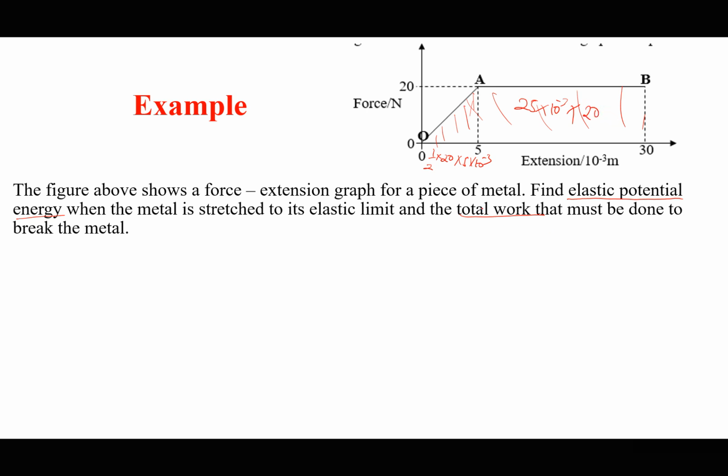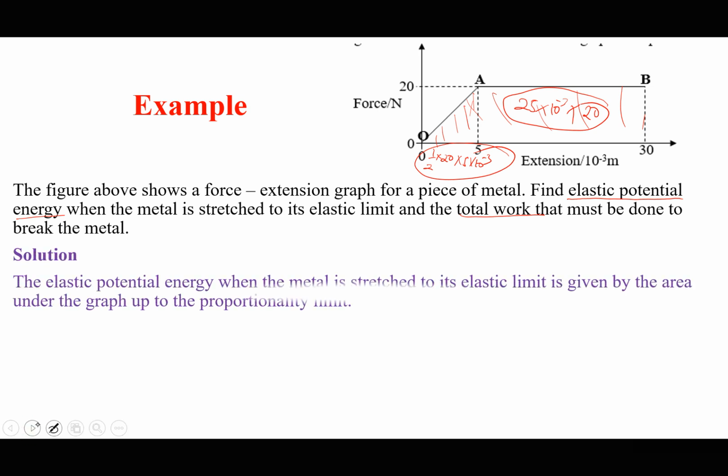If I want total work done, I'll add this area to the previous area. In our solution, the elastic potential energy when the metal is stretched to its elastic limit is given by the area under the graph up to the proportionality limit.